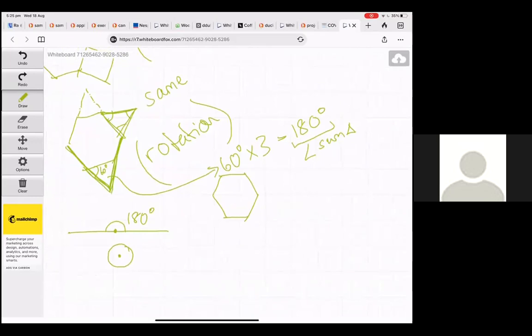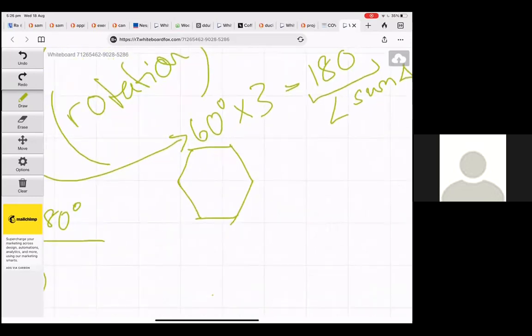Okay, if we apply similar rules to the regular hexagon, I'll tell you the rule for the hexagon. If you extend all of these lines outwards so the straight lines keep going forever, then we have another angle sum formula.